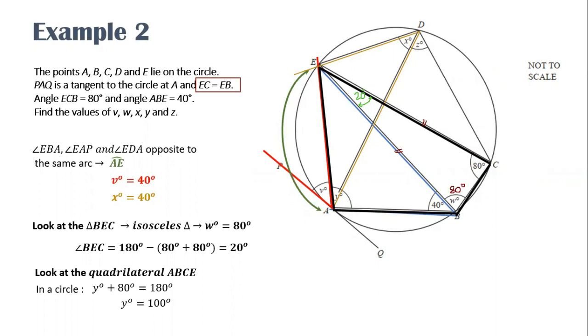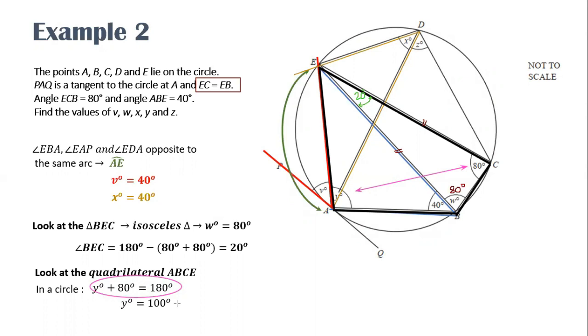It satisfies the second property, right? What does it mean? Y degrees is opposite to 80 degrees. So that's why Y degrees plus 80 degrees equals 180 degrees. Once again, Y degrees plus 80 degrees equals 180 degrees.